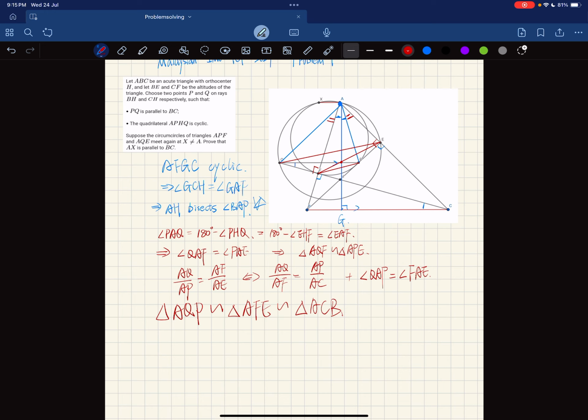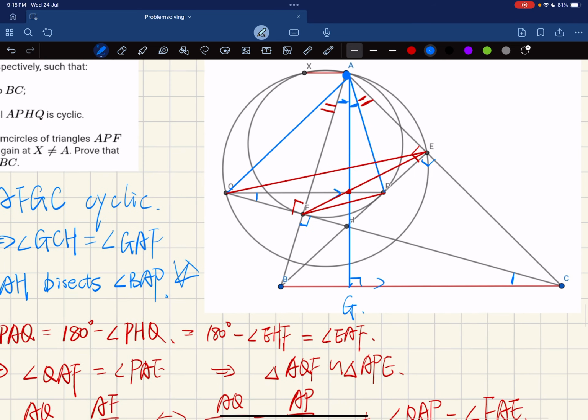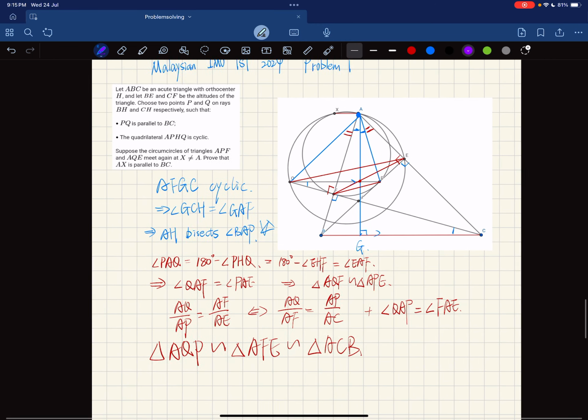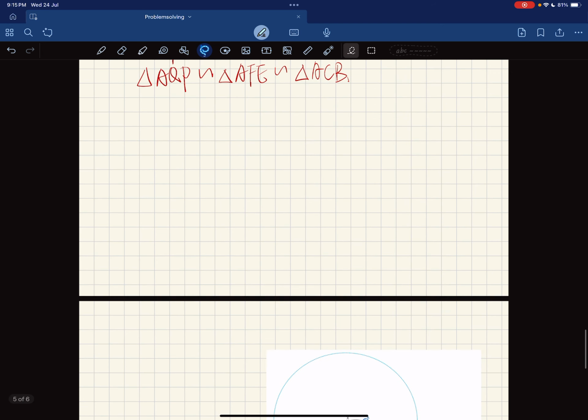So we can get these three similar triangles, and since we have these, we can try to prove that the segments PQ, EF, and AH meet at one certain point. We can denote, let's copy the graph again. We'll paste it here.